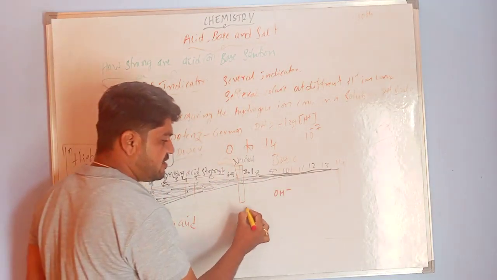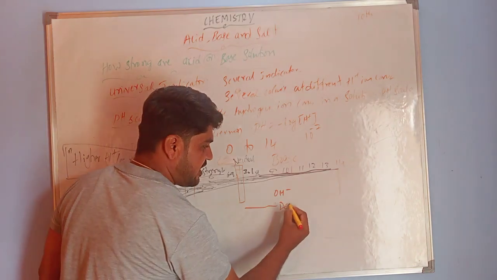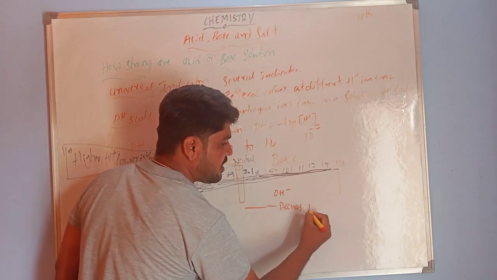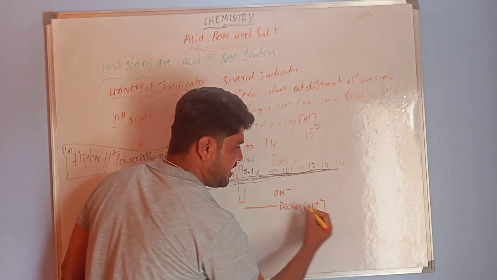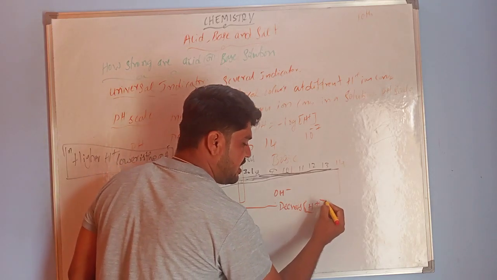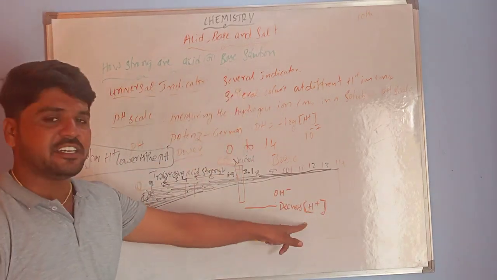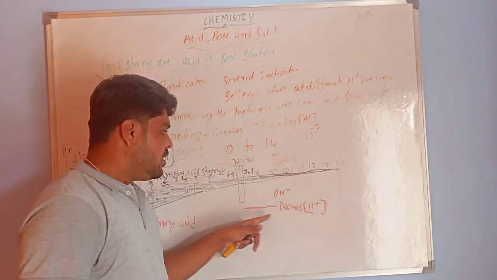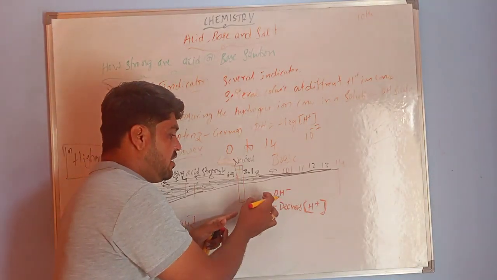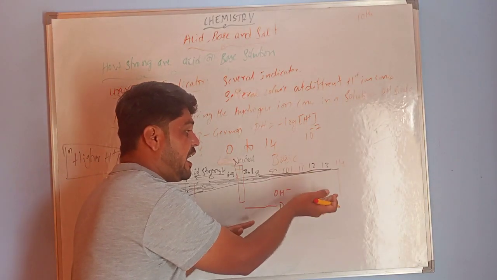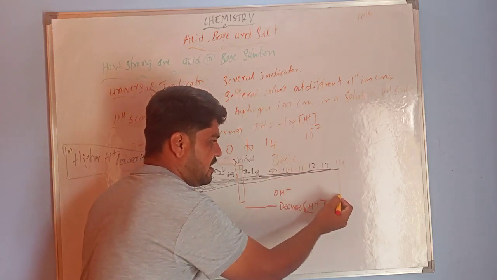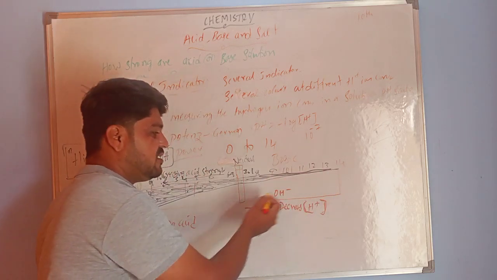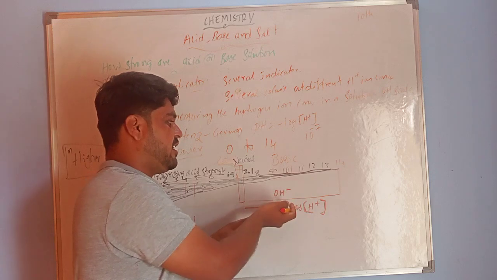That means a decrease of hydrogen ion. The square bracket indicates concentration. Carefully observe: OH minus is high on the basic side. This basic side has more OH ions.